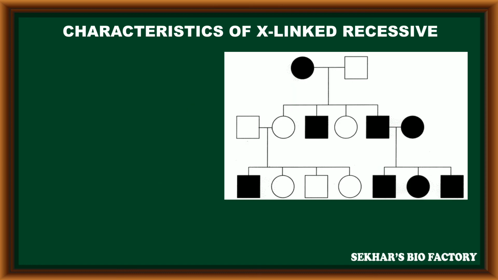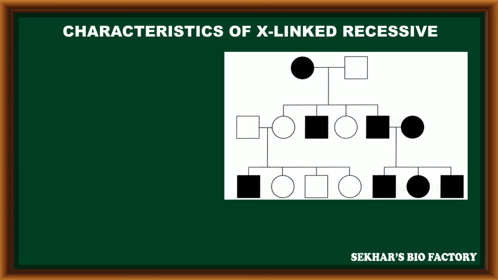For example, when you take this one, males are more likely affected, so the majority of males are affected, and the affected individuals have unaffected parents. Here the affected individual having unaffected parents confirms that it is a recessive disorder.